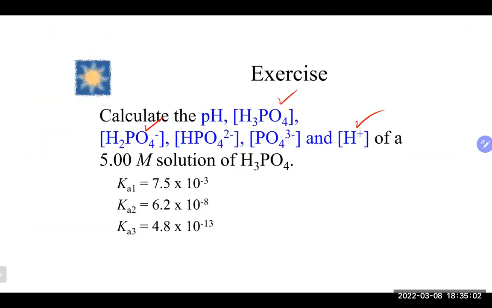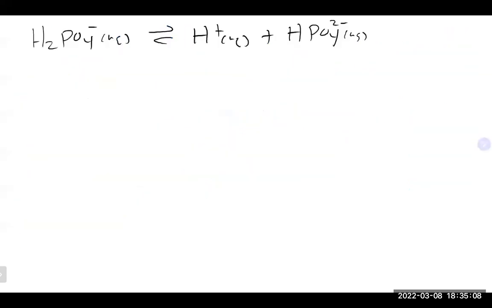Looking back at our original, that is the Ka2, which is 6.2 times 10 to the minus 8. So this is a continual dissociation that's happening. Where do I get my initial concentrations of this one?